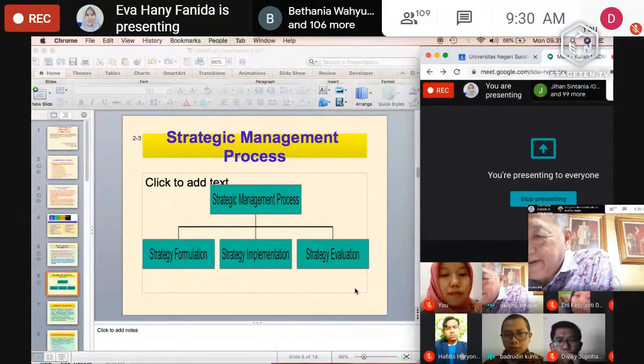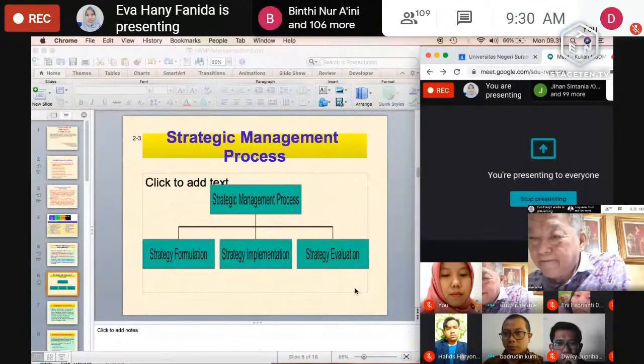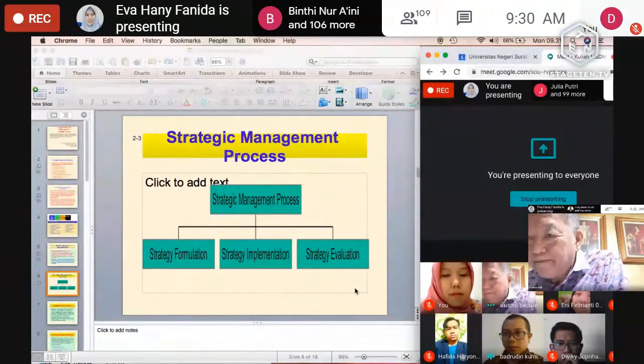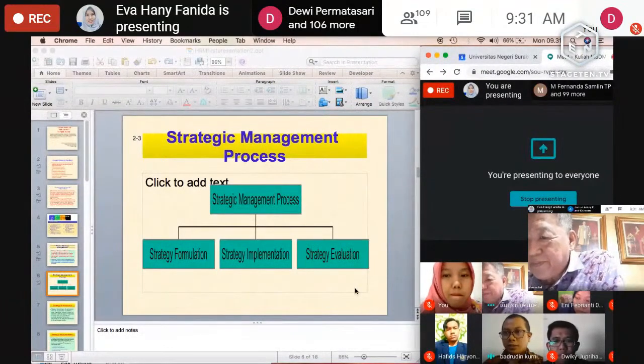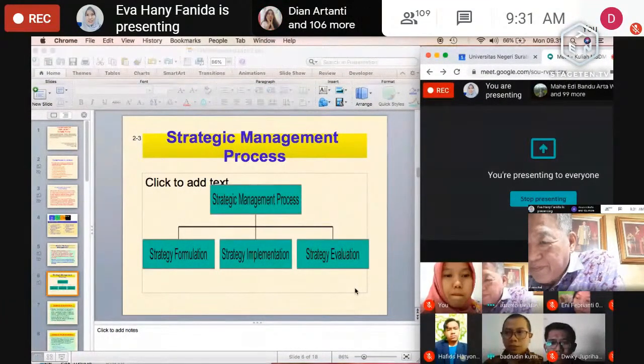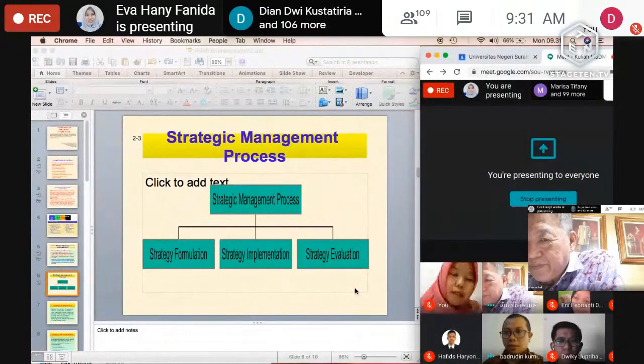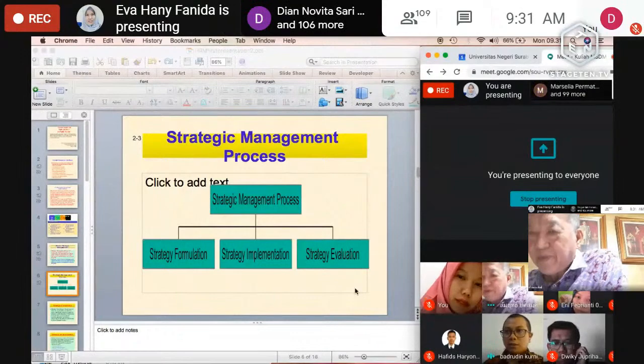Is it right, Achan, if we mention that strategic implementation, evaluation, and formulation are tools for reaching the goals of the organization?